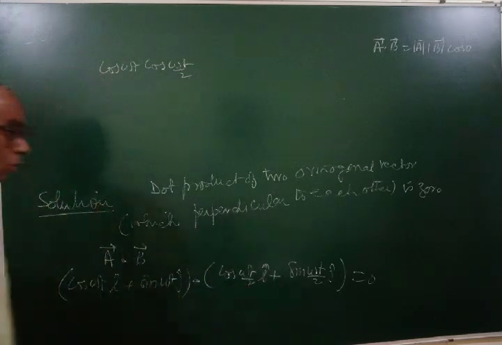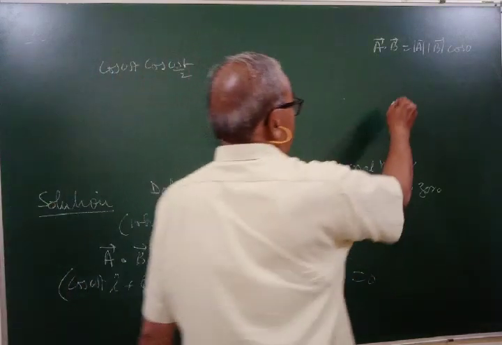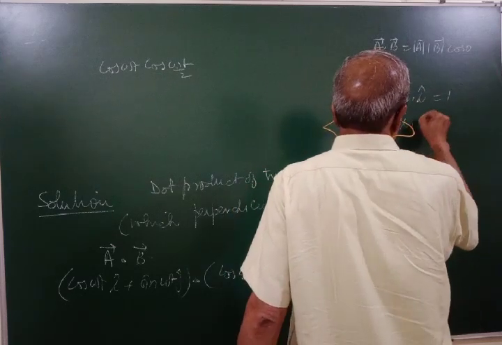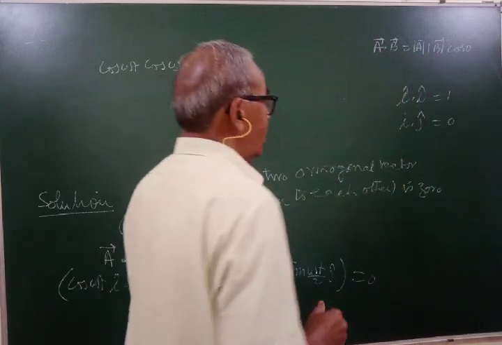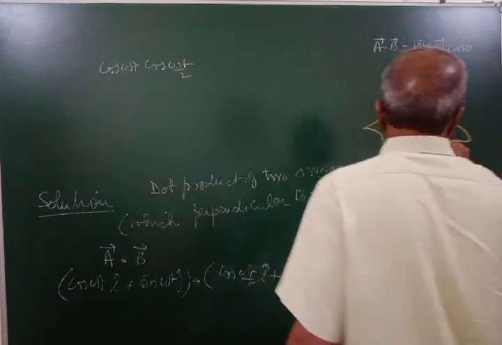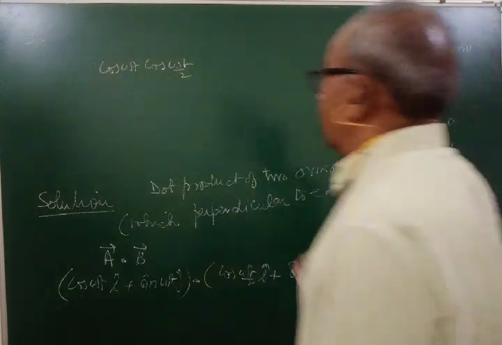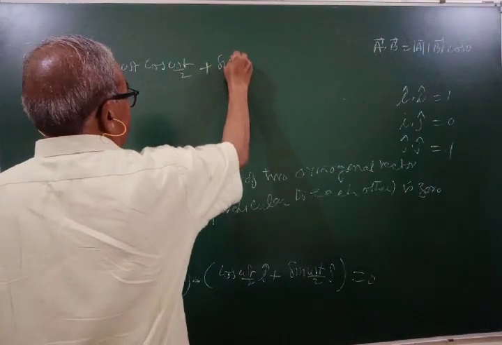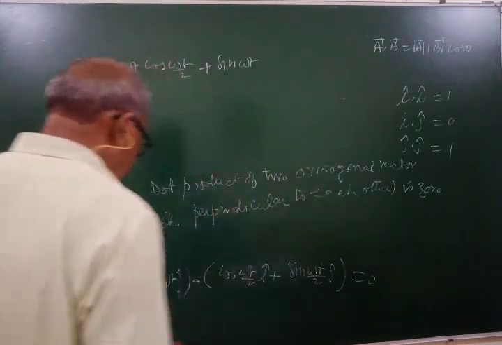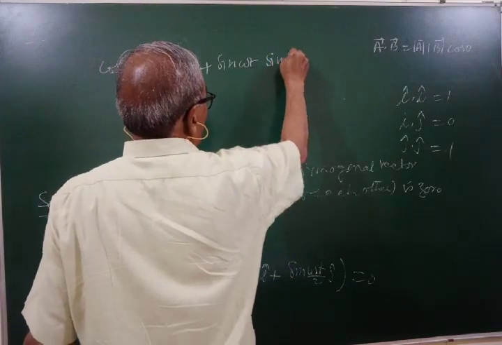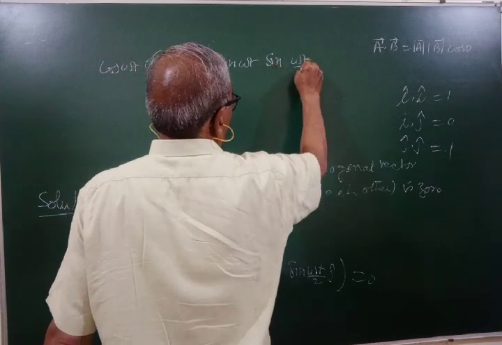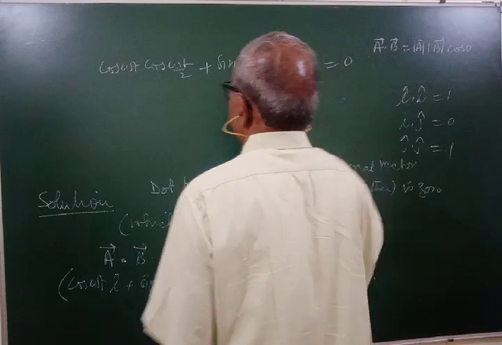Then j dot i is 0. Remember this: i dot i equal to 1, but i dot j is 0. Similarly, j dot i is 0 and j dot j is 1. So plus sin omega t times sin omega t by 2 is equal to 0.